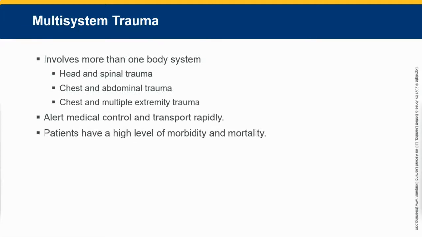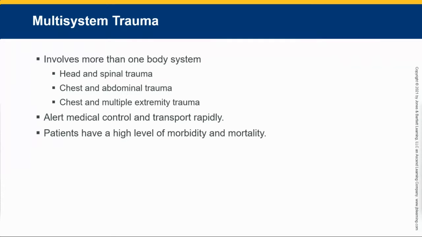So we talked at the very beginning of all this about multi-system trauma, and that we would mention it later on. Well, now it's time to mention it. Multi-system trauma is just that. It is trauma that involves more than one body system. You might have head trauma and spinal trauma together. You might have injuries to the chest and the abdomen. Note that in our chest, we have our cardiovascular system, we have our respiratory system.